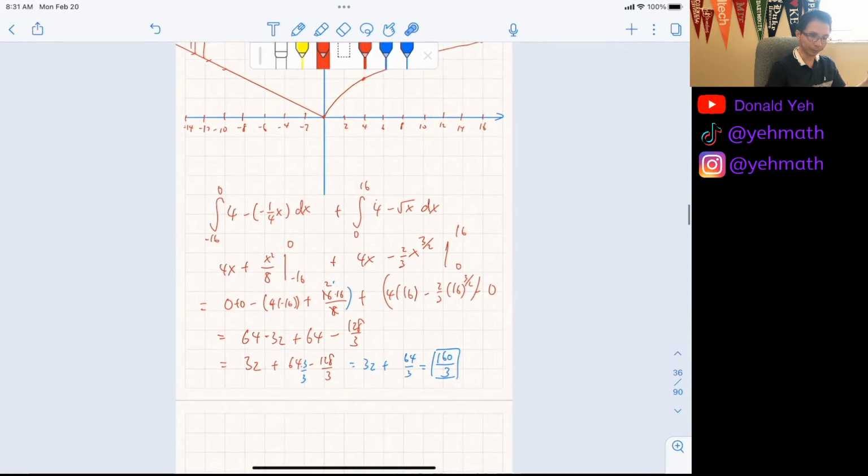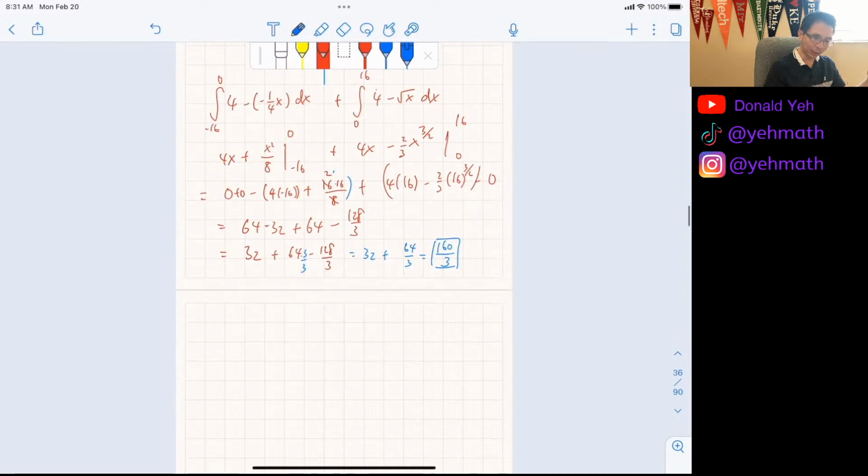It turns out you can. Remember, from A to B, if you want to find the area, it's top minus bottom dx. But there's another way.